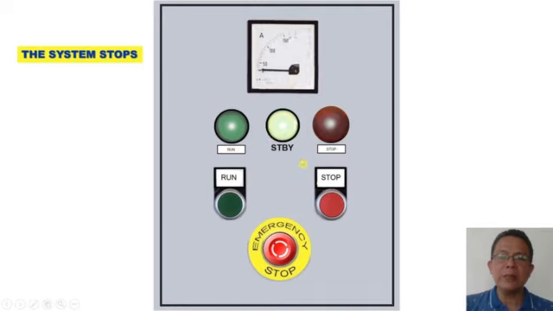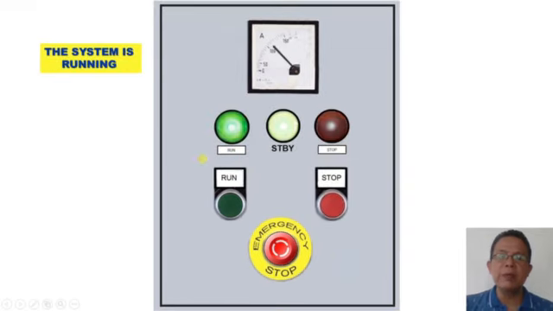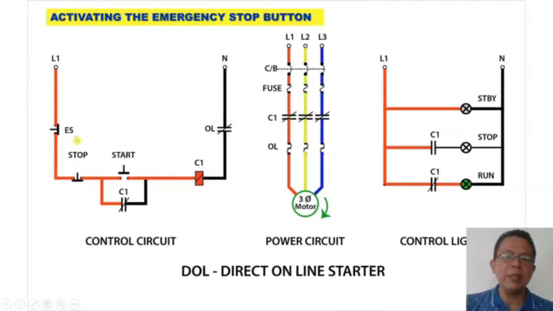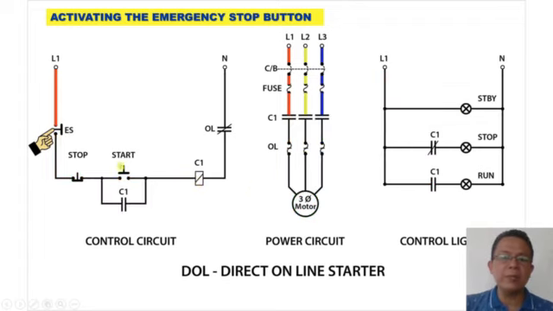What about if the system is running? Then we are going to push the emergency stop. So let's try to simulate. The system is running, then we push the emergency stop button. Here, we interrupted the flow of current into the system and the contactor coil is de-energized, so the current is interrupted.